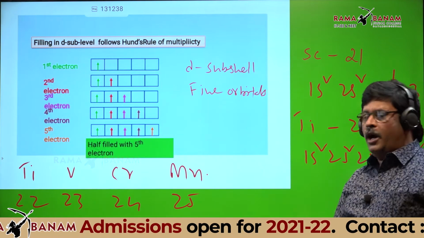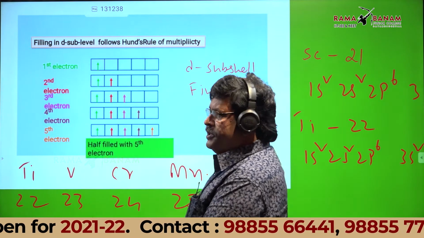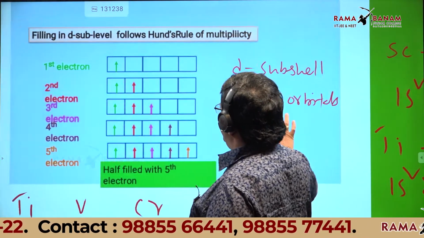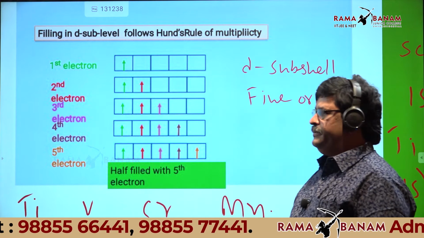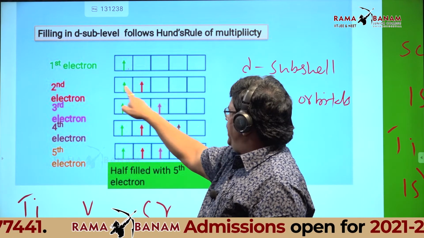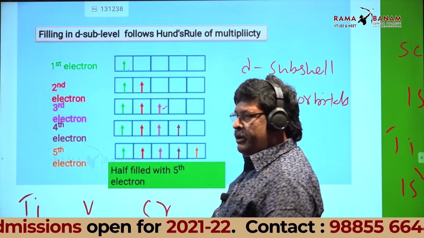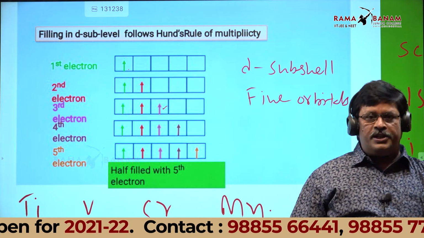Suppose you want to fill one electron in 3d after 4s2: see this slide, the first electron enters into the first orbital, the second electron enters into the next orbital, the third electron into the next. That's what we discussed in the last class.